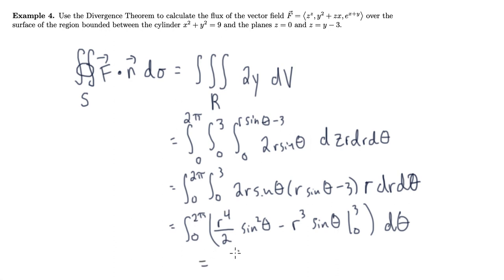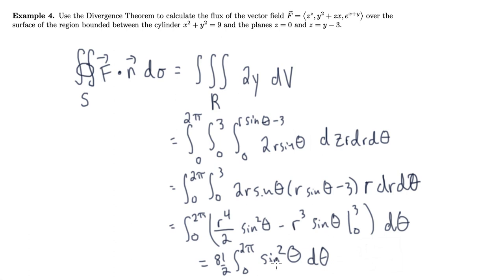So I'm just going to have the integral of 81 over 2, 0 to 2 pi, sine squared theta, d theta. But now the integral of sine squared theta from 0 to 2 pi is something I'm sure you've seen before.